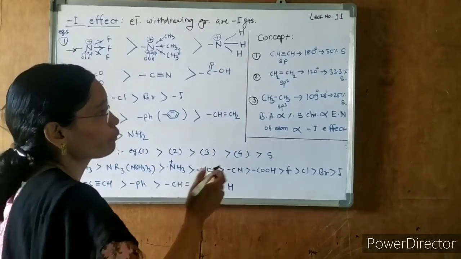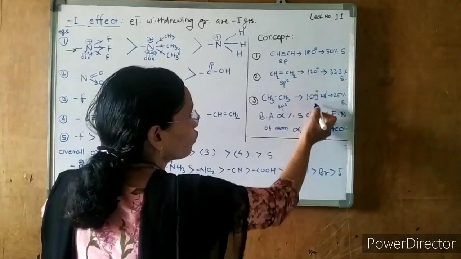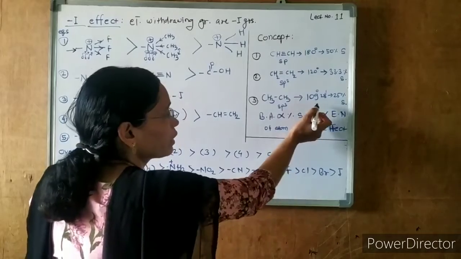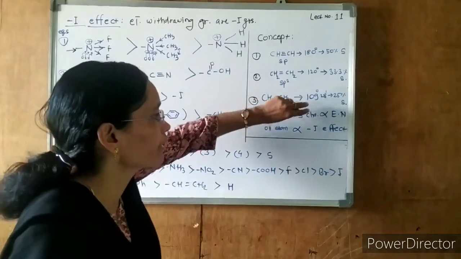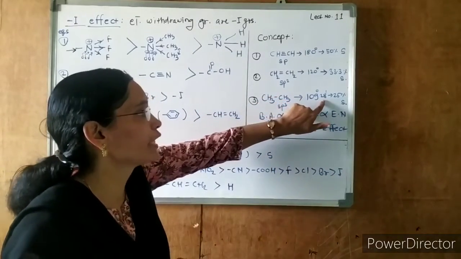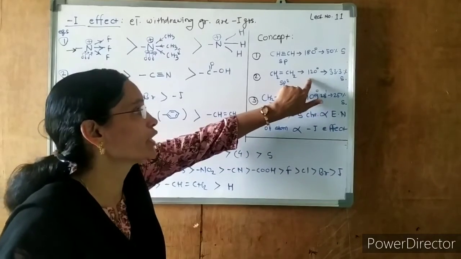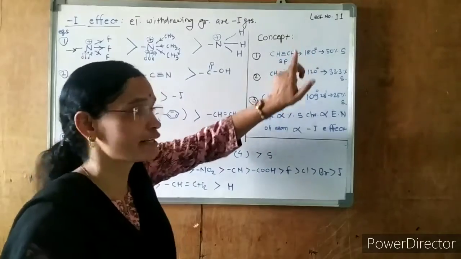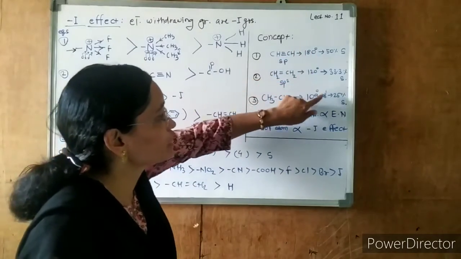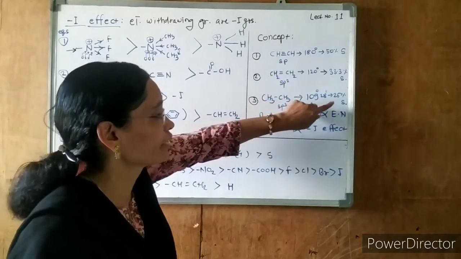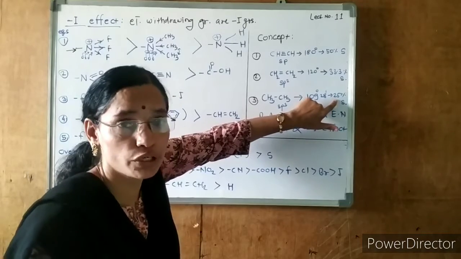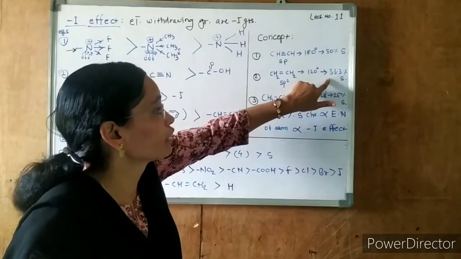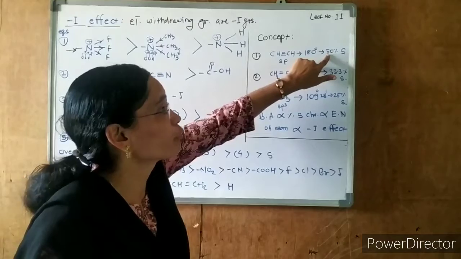Now what will happen as we move from top to bottom? The bond angle increases, from 109 degrees 28 minutes to 120 degrees to 180 degrees. Bond angle increases as the percentage of S character increases. Here the S character is only 25%, here 33.3%, here 50%.